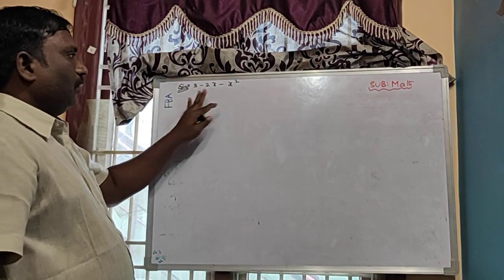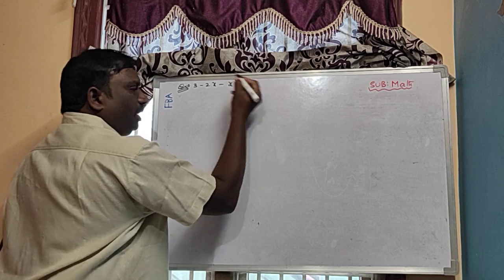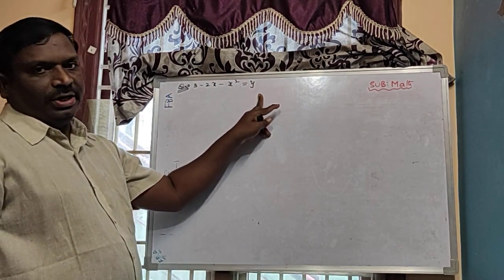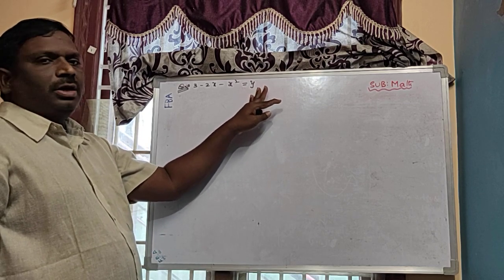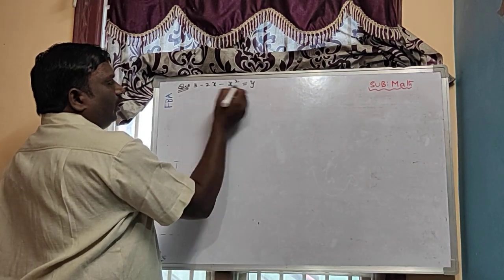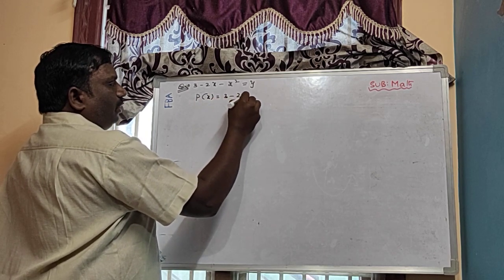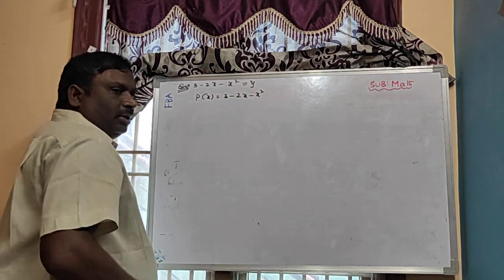This is the polynomial, and y equals 3 minus 2x minus x square. y is nothing but the polynomial. So now I am taking p of x equal to 3 minus 2x minus x square.